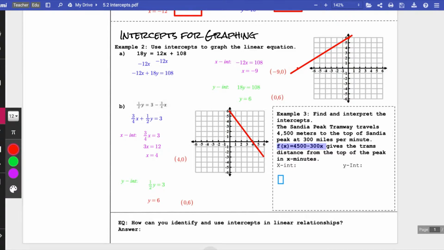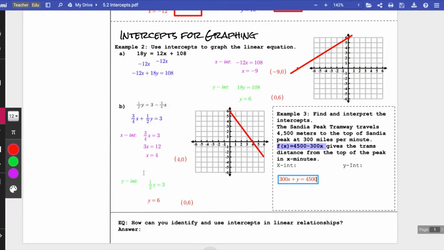Remember, f of x and y are the same thing. So when I set this up, I'm going to add that 300x over. So 300x plus y equals 4,500.